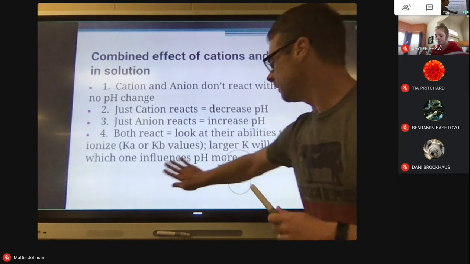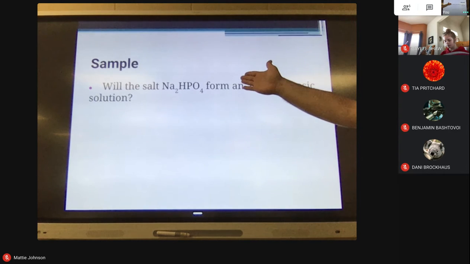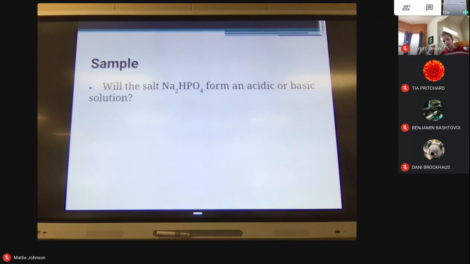All right? So, our question, will the salt Na2HPO4 form an acidic or basic solution? So this is the one that's going to probably be, these will be the toughest ones.